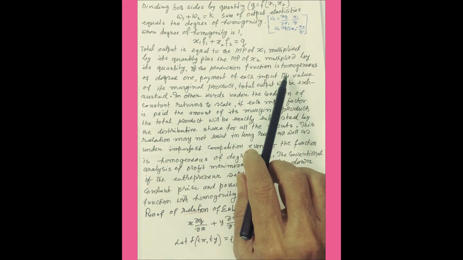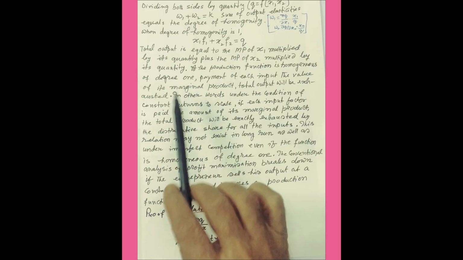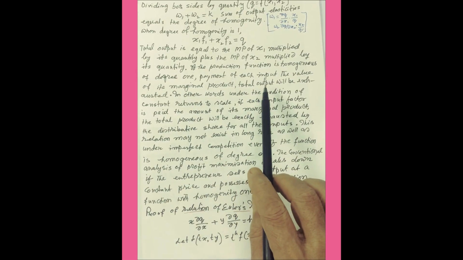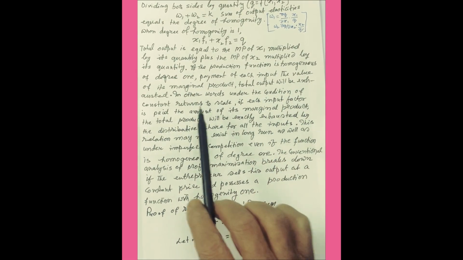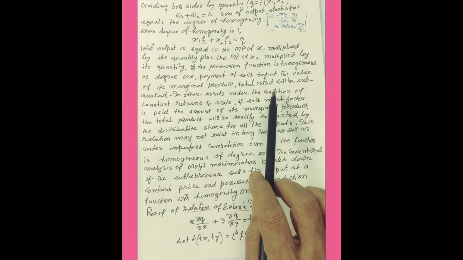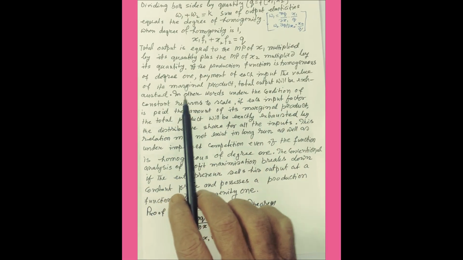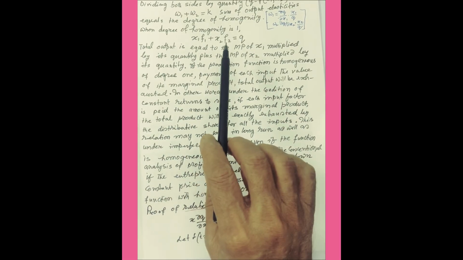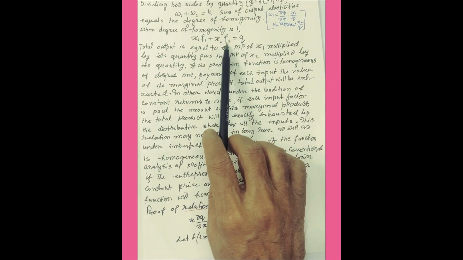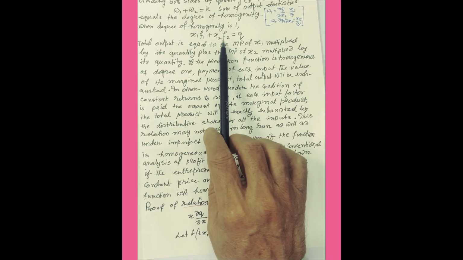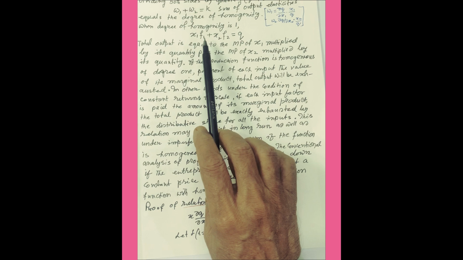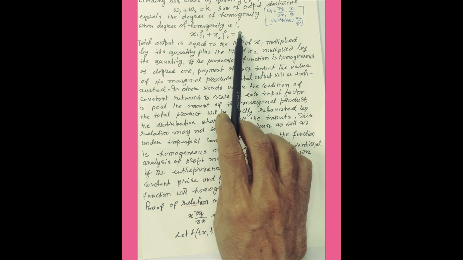If the production function is homogeneous of degree 1 and each input is paid the value of its marginal product, total output will be exhausted. This means if we pay the value of the marginal product, it will be exactly equal to the total output.